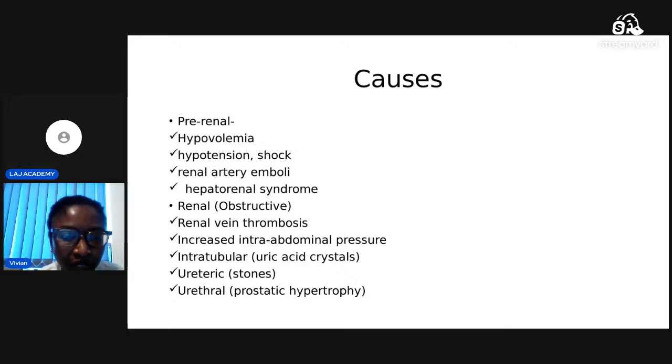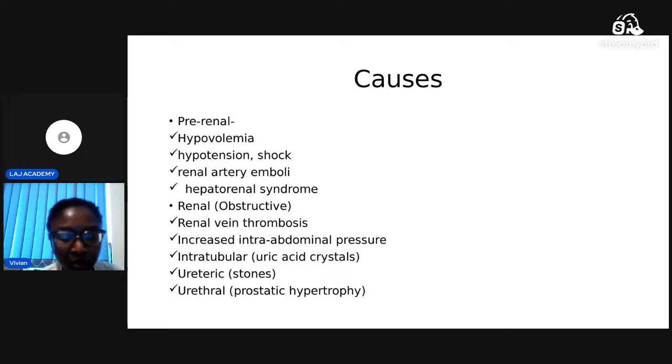So prerenal is hypoperfusion. Renal is due to intrinsic causes, an intrinsic process occurring within the kidney, and then postrenal is due to obstruction of the urinary tract.